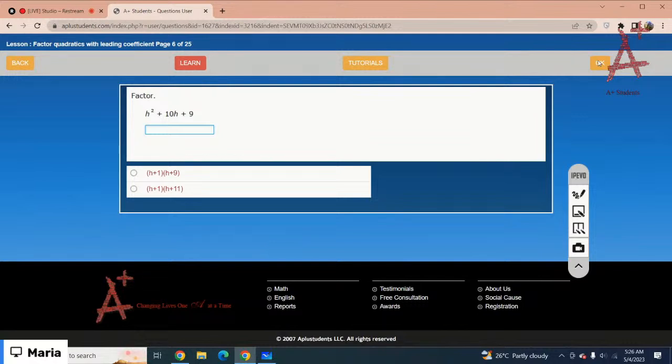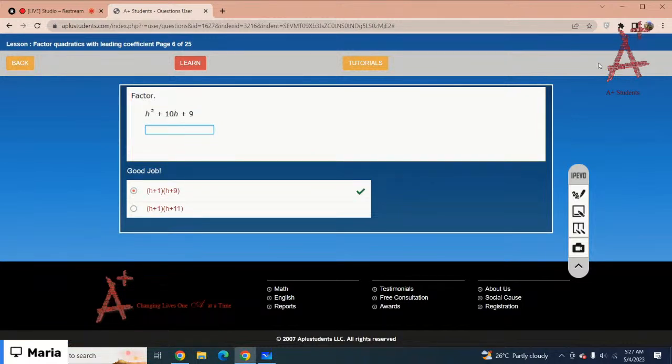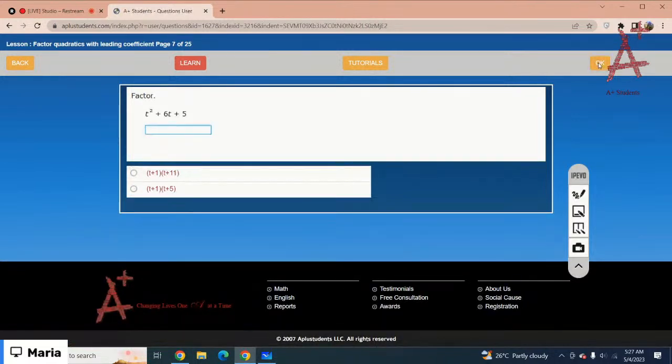Okay, the next one is h square plus 10h plus 9. So which is the correct option? That is option number 1. 9 plus 1 is 10 and 9 times 1 is 9. Okay, the next one is t square plus 6t plus 5.